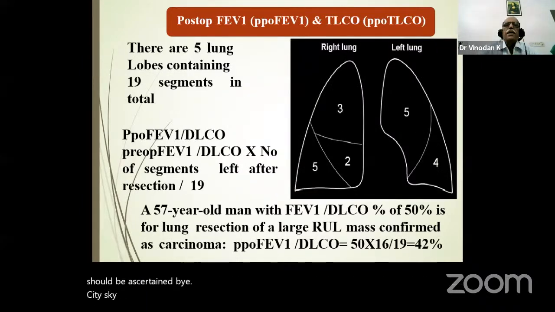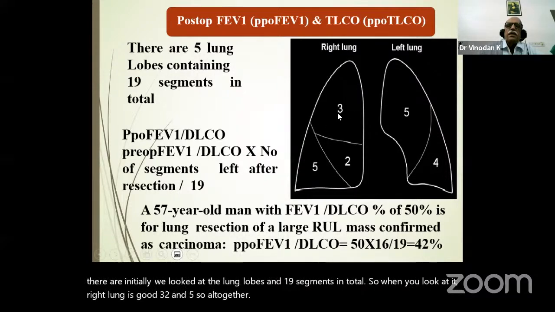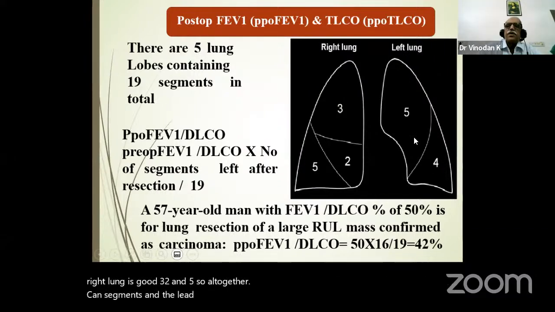Initially we looked at the lung lobes and the 19 segments in total. So when you look at it, the right lung has got 3, 2, and 5, so altogether 10 segments, and the left lung has got 9 segments.